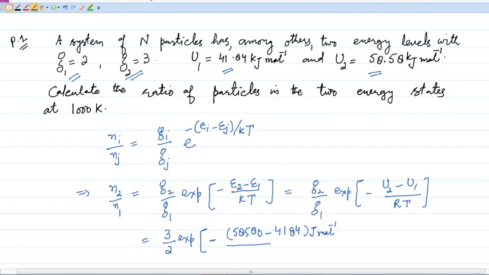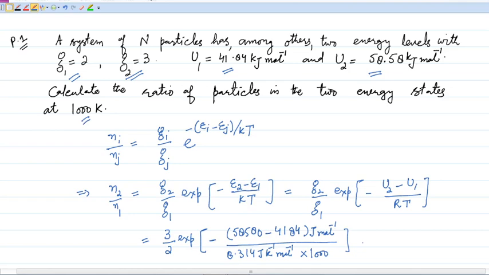Upon, I have to use the universal gas constant, so its value is 8.314 joule per Kelvin per mole, simply multiplied by the temperature in Kelvin scale, that is also given here, 1000.